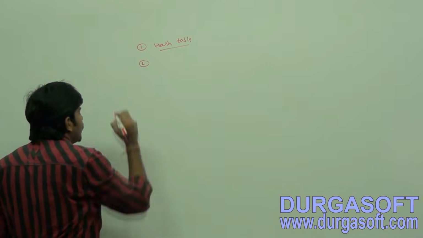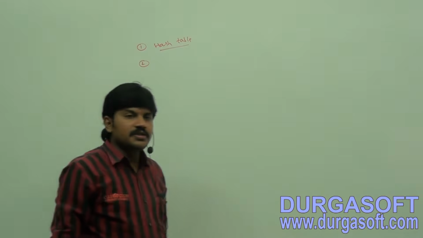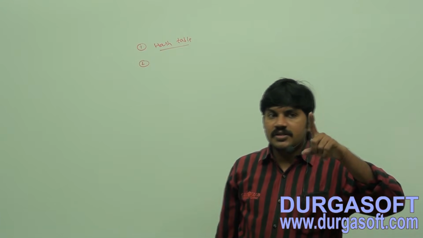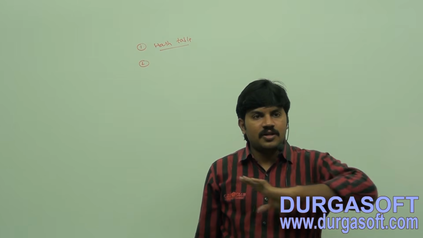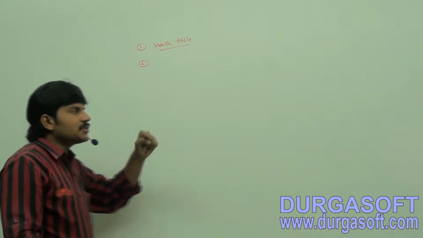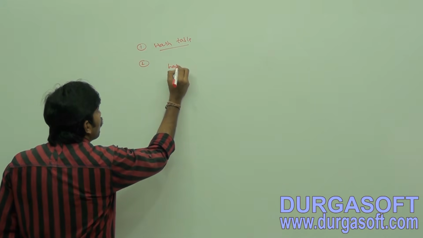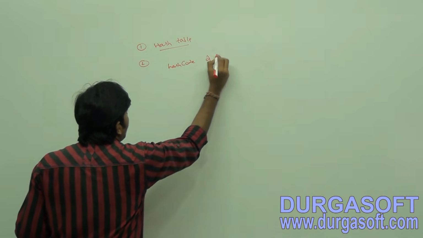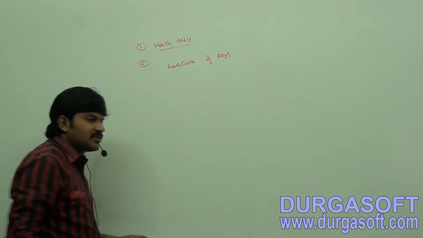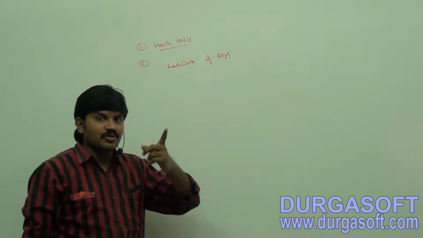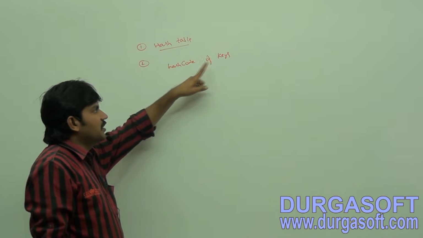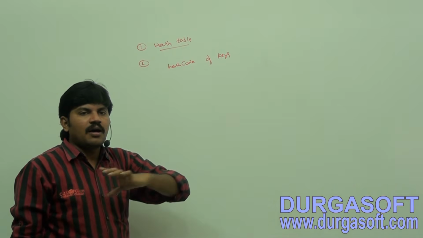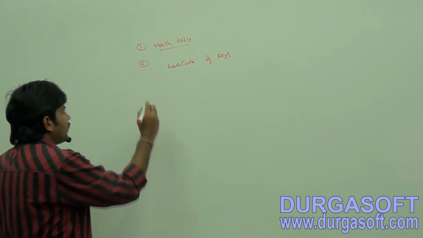Next, is insertion order preserved or not? For a hashing-related data structure it is not preserved, and it is based on the hash code of keys, not the hash code of values, only keys.